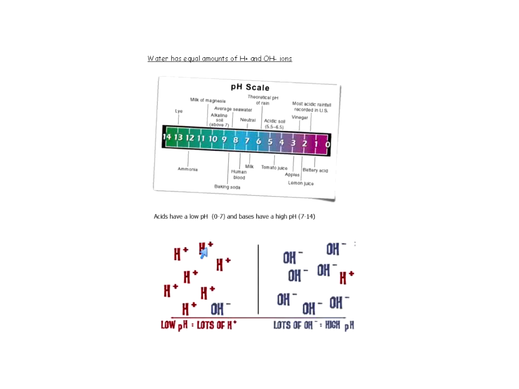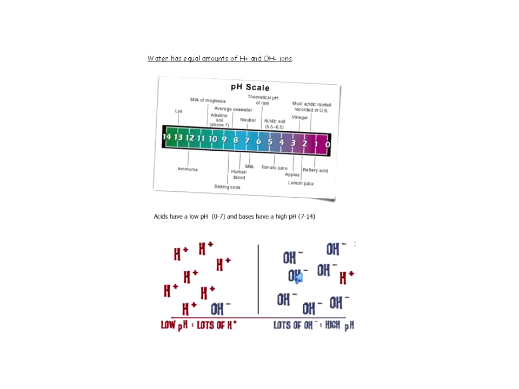When you put an acid in water, it produces all these little H+, right? There might be a few OH-, but it's mostly H+. So then you're going to have a low pH. Now, if there's a lot of OH-, that's a base. So H+ is an acid, OH- is a base.